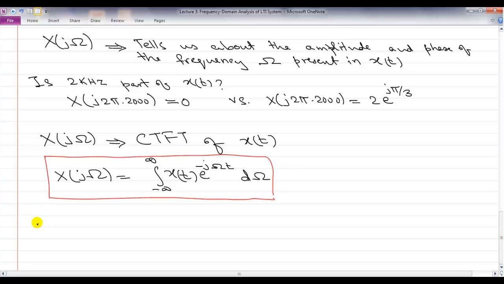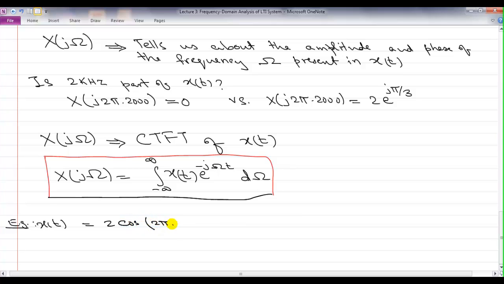Let's take the example of a pure frequency signal: x of t equals 2 cosine of 2 pi 1000 t, which means it's a 1 kilohertz sinusoid and its amplitude is 2.